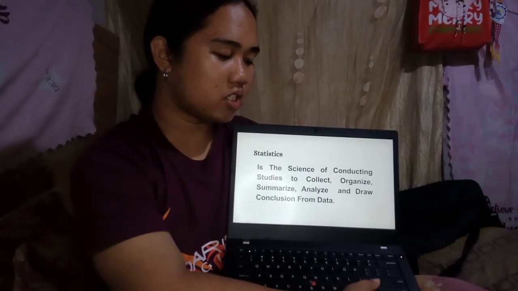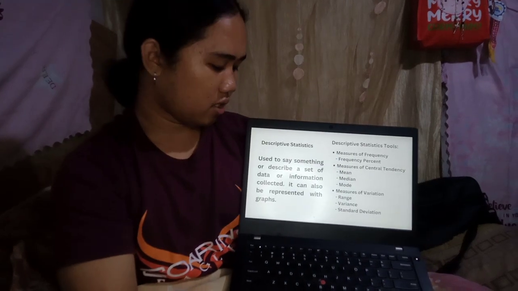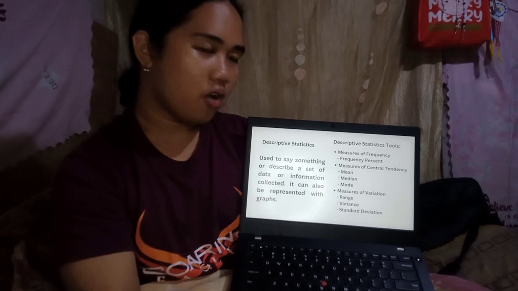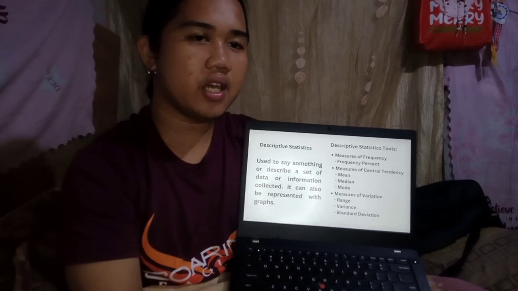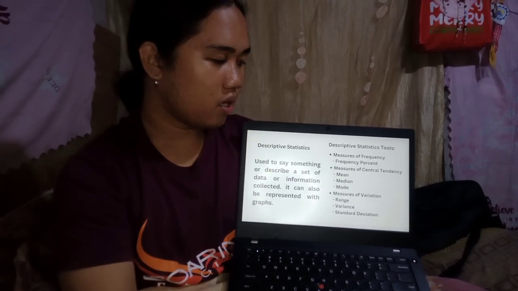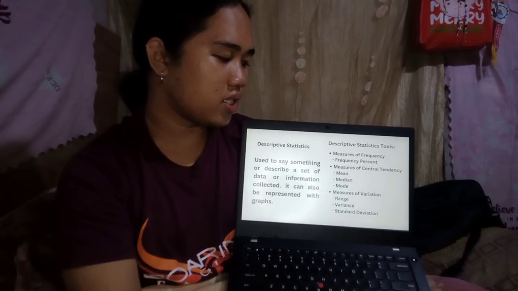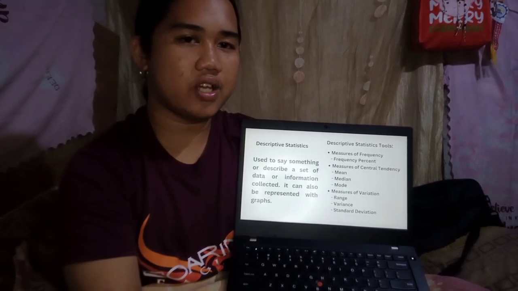First is descriptive statistics. Descriptive statistics is used to describe a set of data or information collected, and it can also be represented with graphs. So the keyword here is to describe. In descriptive statistics, we have three major tools: measures of frequency, measures of central tendency, and measures of variation.